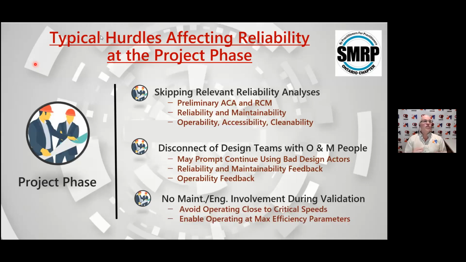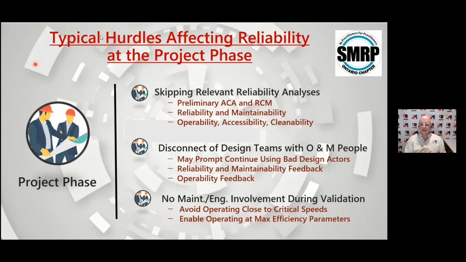And third, during the validation, we would like to see more involvement of maintenance and engineering people to avoid things such as having validated rotating equipment close to critical speeds and things like that, that engineering is needed to understand. So these are the three most frequent hurdles that we see happening in the pharma industry.